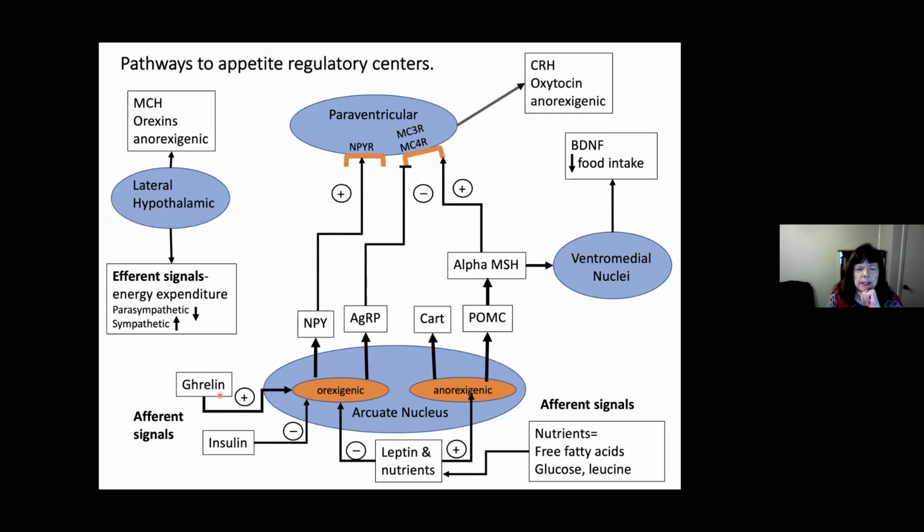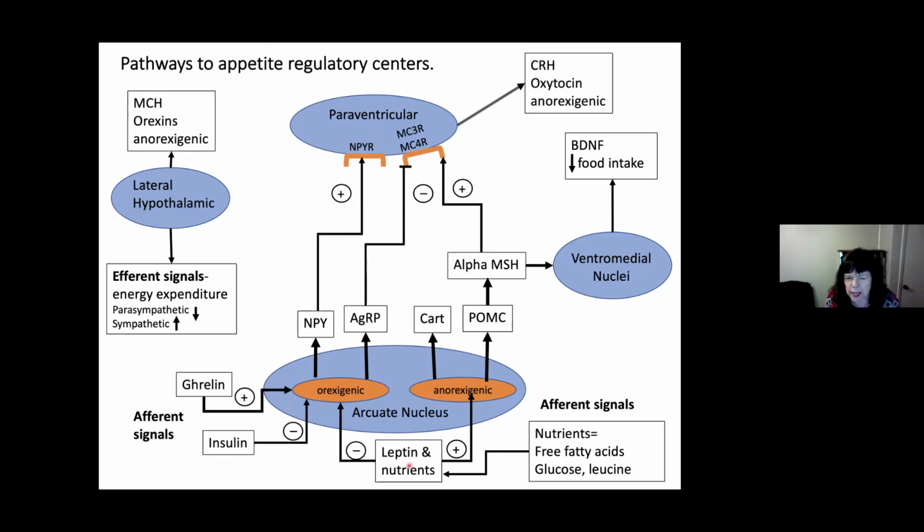So when we have an empty stomach, ghrelin is stimulated, and it'll come out, and it will go to this and stimulate the orexigenic neurons to produce neuropeptide Y, AGRP, and AGRP will block the melanocortin receptor. You can see it up here. And neuropeptide Y will stimulate the neurons in the paraventricular nucleus. And I named some of them out here that basically stimulate us to eat. So that's the orexigenic pathway.